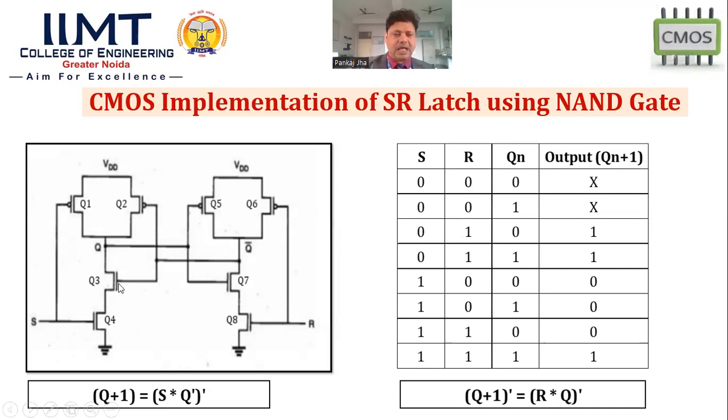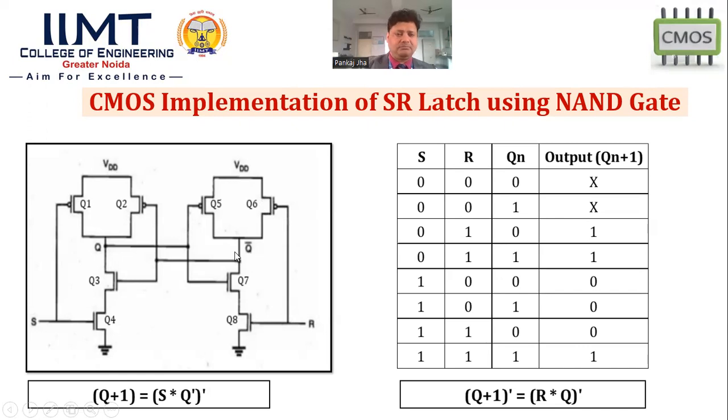These transistors are in series. You know, for AND operation, NMOS is connected in series. Similarly, if 3 and 4 are in series, its dual network, that is PMOS, Q1 and Q2, will be in parallel. On the opposite side also, 7 and 8 are in series. That's why 5 and 6 will be in parallel.